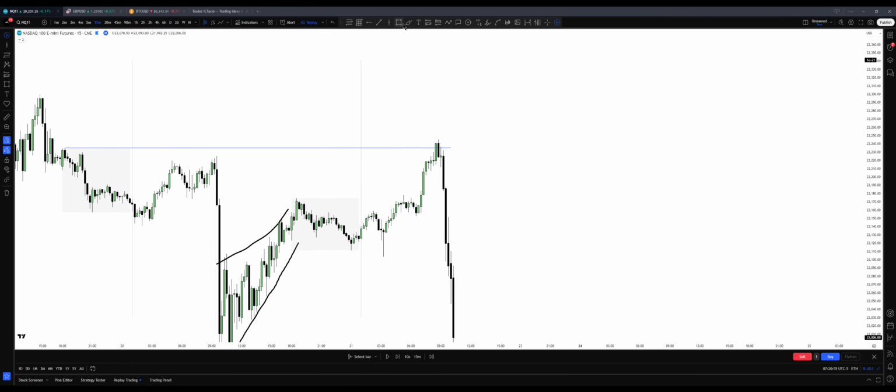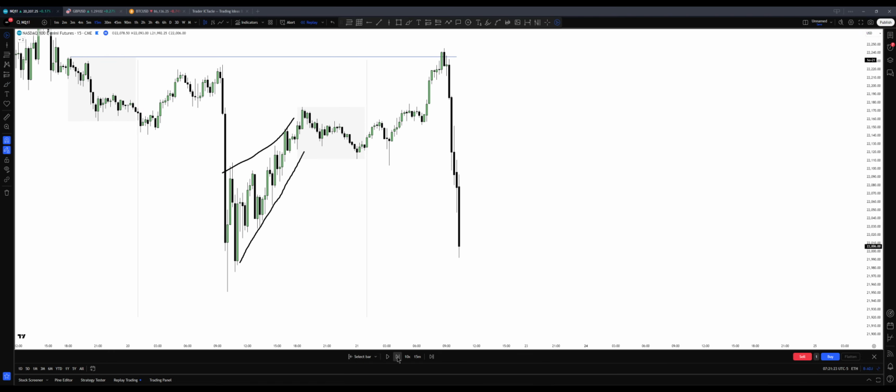Also on time, it happens right before a volatility injection or sometimes right at the time of the volatility injection, which can be the 9:30 equity opening, or some sort of news release like the CPI, PPI, NFP, FOMC, which we don't trade, and so on.